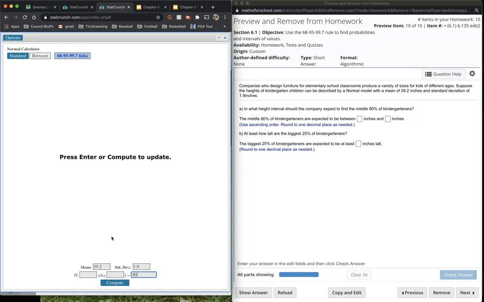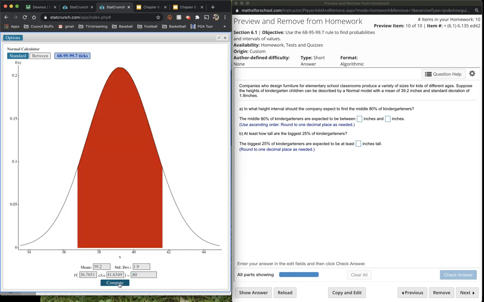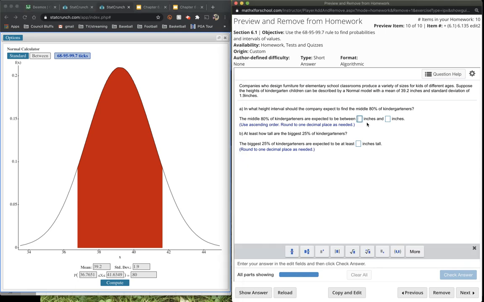So, I'm at between, and I put 80% after the equal sign as a decimal, and there's my answer. Okay, use ascending order, round to 1 decimal place. So this would be 36.8, and then this one would be 41.6. Okay, so that would be the middle 80%.